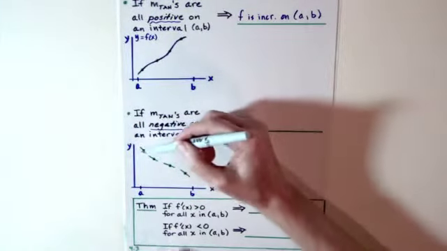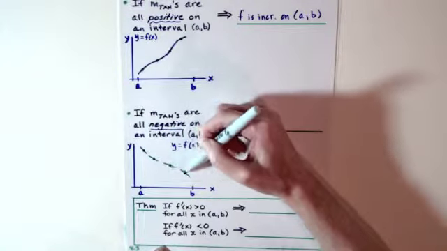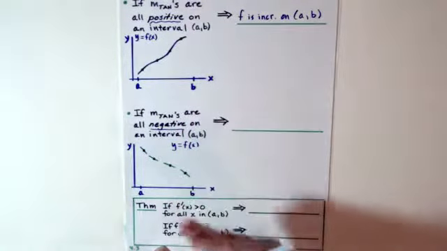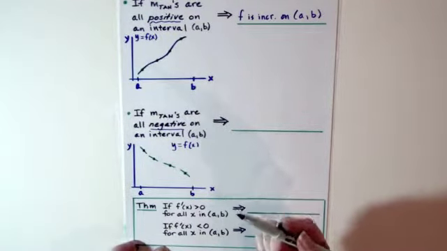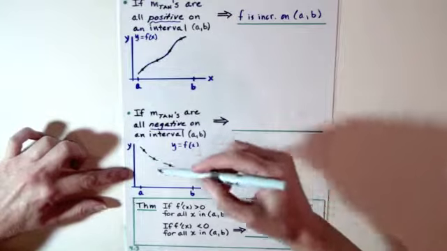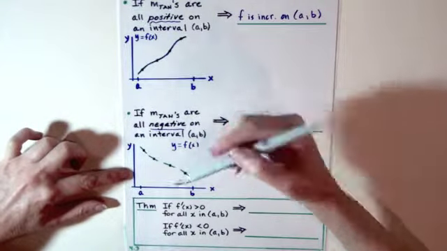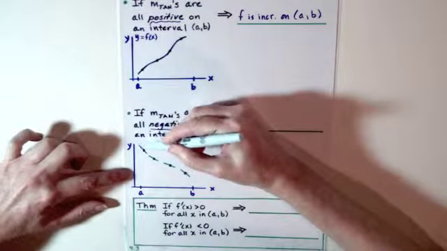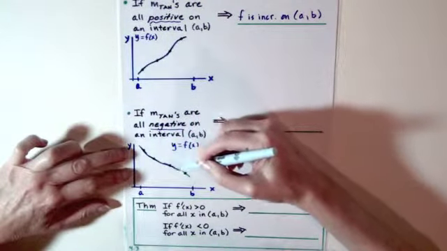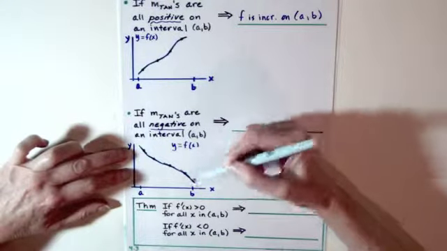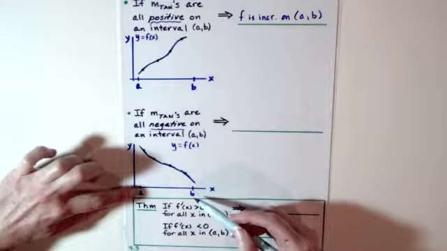Well, that would mean that the tangent line would have to be falling as I move to the right. And what kind of graph would f have to have so that it would end up with these as its tangent lines? The only kind of graph that would work would be one that is falling as I move to the right. In other words, f would have to be a decreasing function on the interval from a to b.